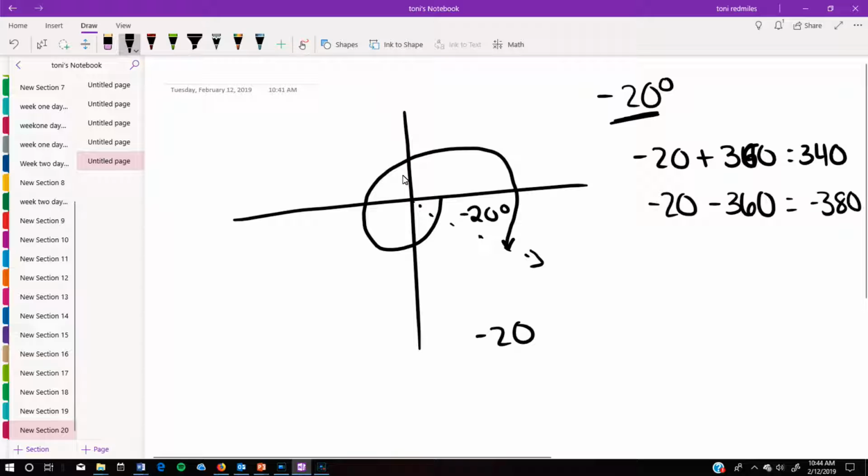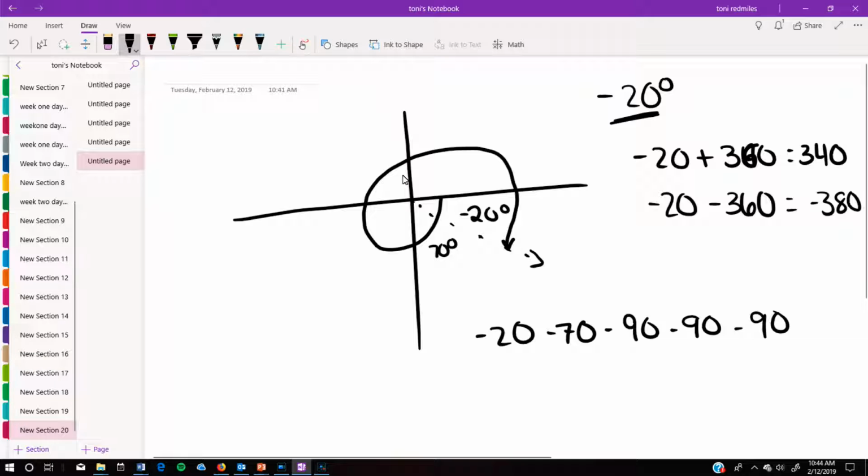This remaining part is going to be 70. I'm flowing in the negative direction, so it's a negative 70, negative 90, negative 90, negative 90. So nothing's changed. I start with initial and I go to terminal when I'm going in the negative direction. I go clockwise, which means all of my numbers are negative.